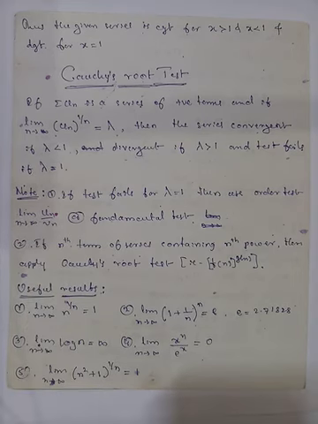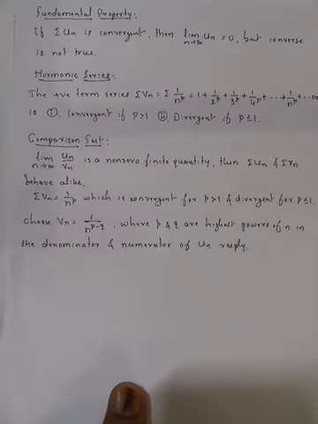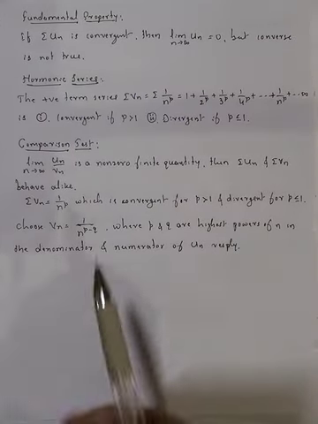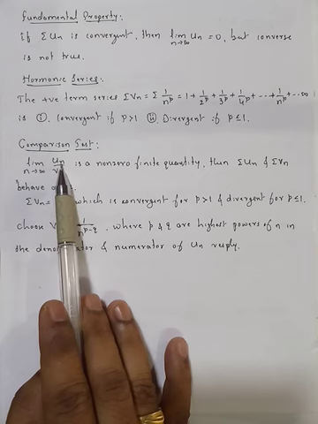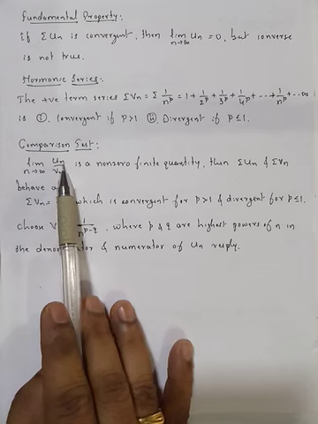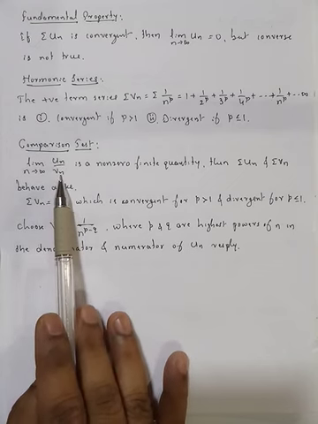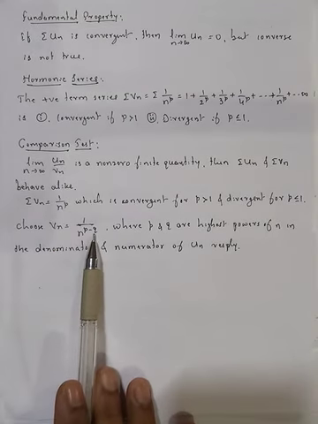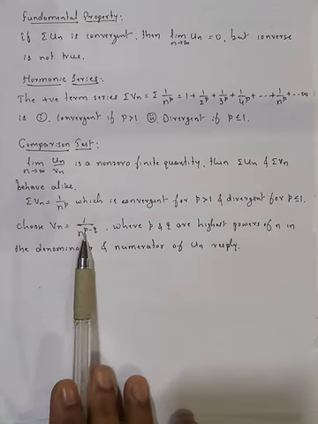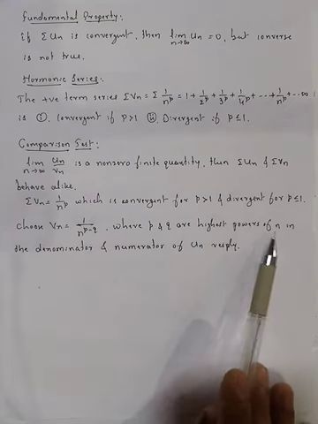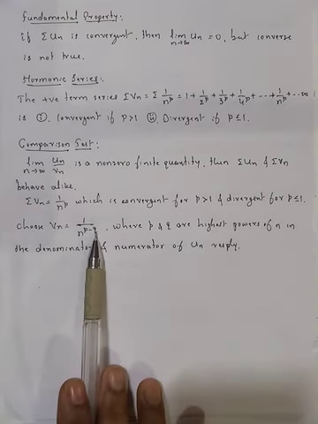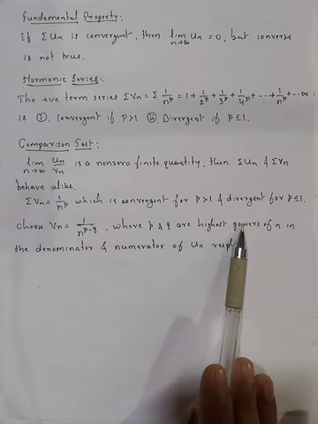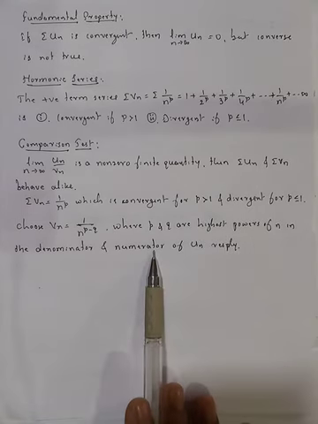In the comparison test, un will be given in the problem. From that we choose vn. How to choose vn? Here is the formula: 1 divided by n raised to p minus q, where p is the highest power of n in the denominator and q is the highest power of n in the numerator.